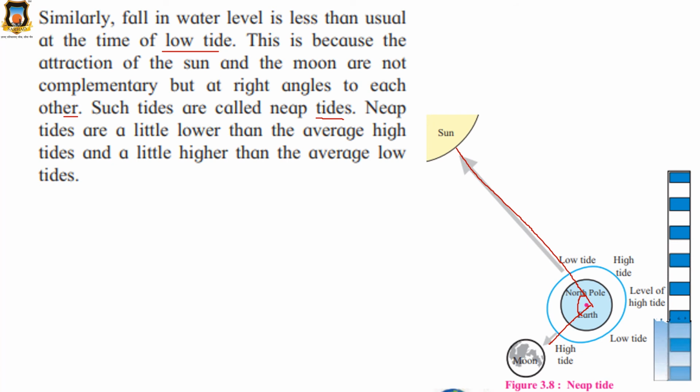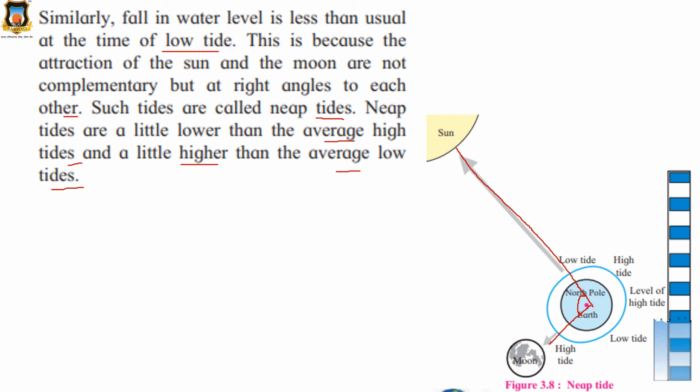Neap tides are a little lower than the average high tides and a little higher than an average low tide. Average means what? Every day the tides take place. But in neap tide, when the position of the sun and the moon is like this, at that time the level of water is high in the high tide and level of water is low in the low tide than the average.